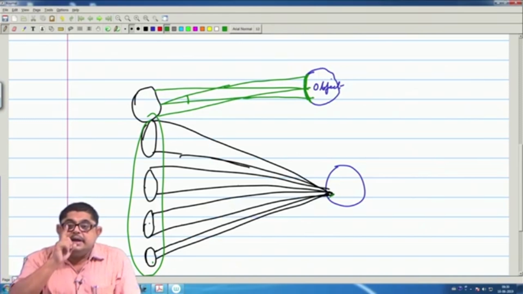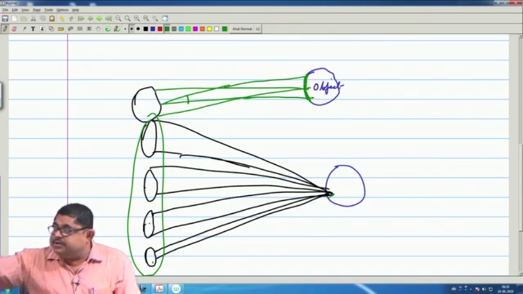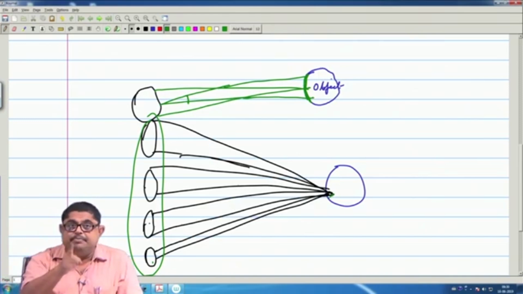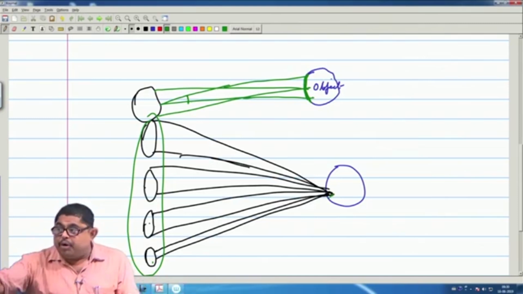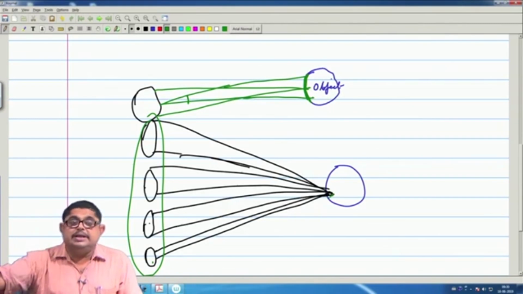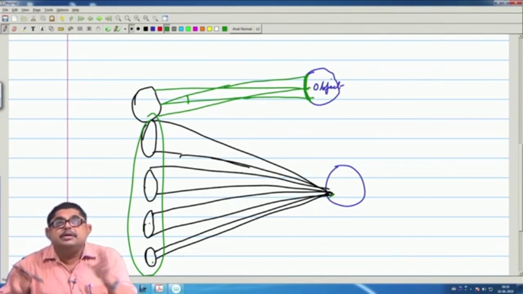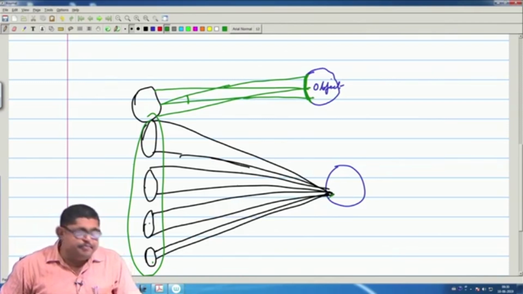So, as if instead of seeing it one time, I have seen the same thing many times. So, if I do that, for all other points the returns will cancel out. This is the basic understanding of SAR.